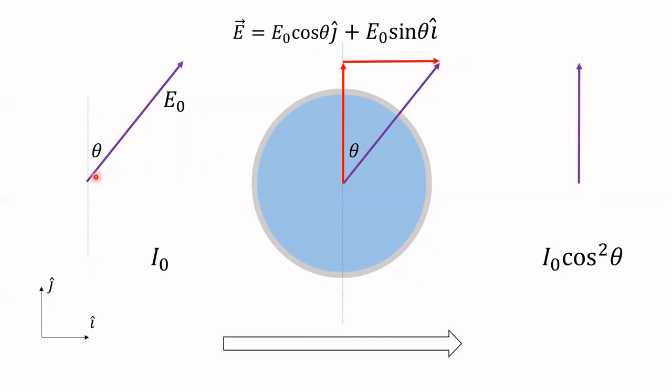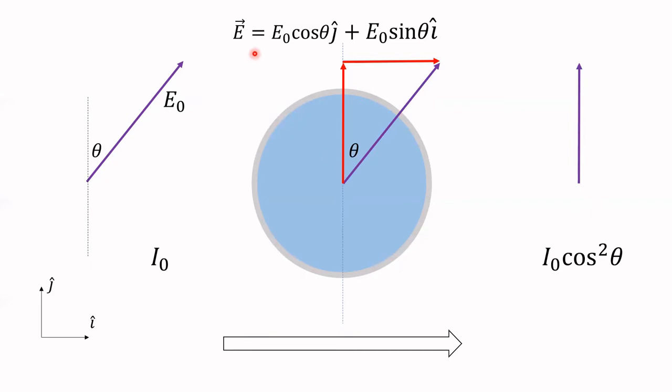So back to our incident electric field, which I've resolved into components parallel to and perpendicular to the polarizer axis. This is the component that's passed, so I redraw it over here in purple because it's now the total field. And we know that the output intensity is the input intensity times the square of the cosine of the angle between the polarizer axis and the polarization direction of the incident light.